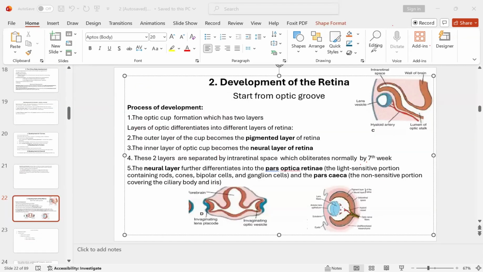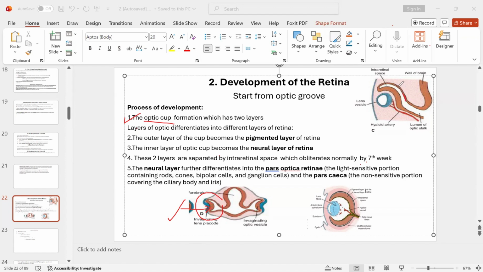As I mentioned earlier in the lecture, the source for the development of retina is the optic cup. So the first step in the formation of retina is the formation of the optic cup. You can see in this diagram that the optic cup is formed as a result of invagination of the optic vesicle. The optic cup has two layers.